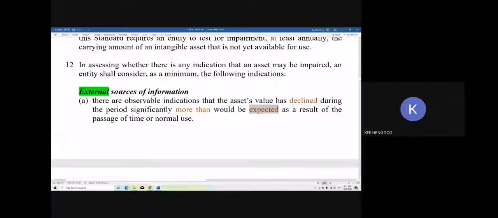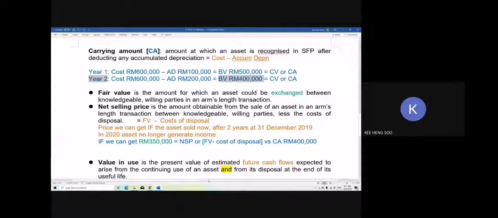Expected means already calculated by you. So this asset of 600,000, I assume that at the end of year 2 it will be 400. But after year 2, COVID-19 came in and the factory slowed down production because the demand was lesser.